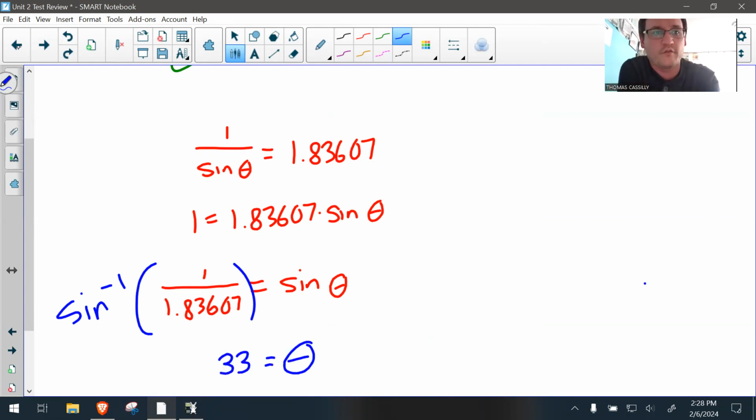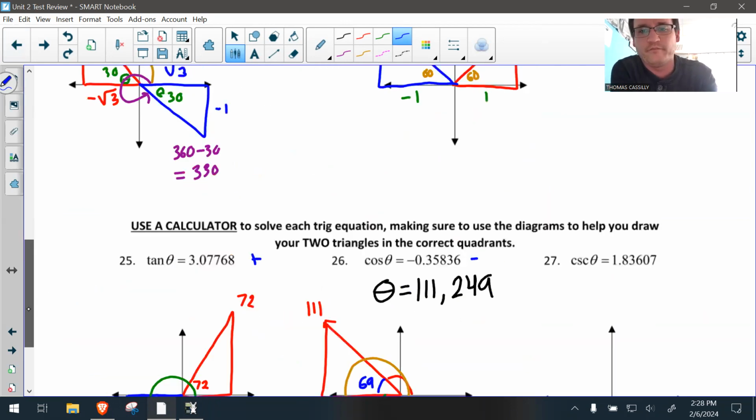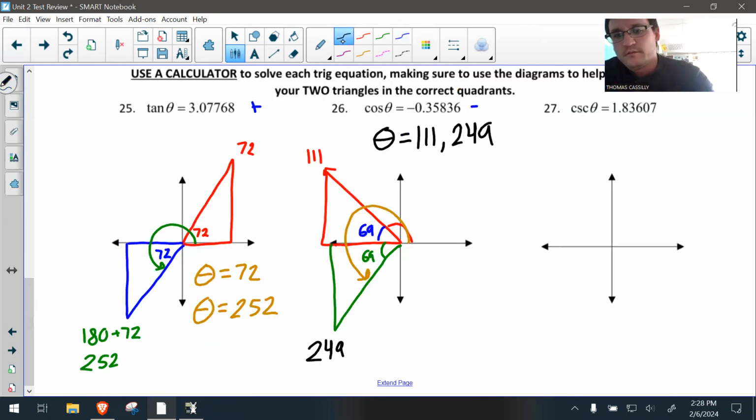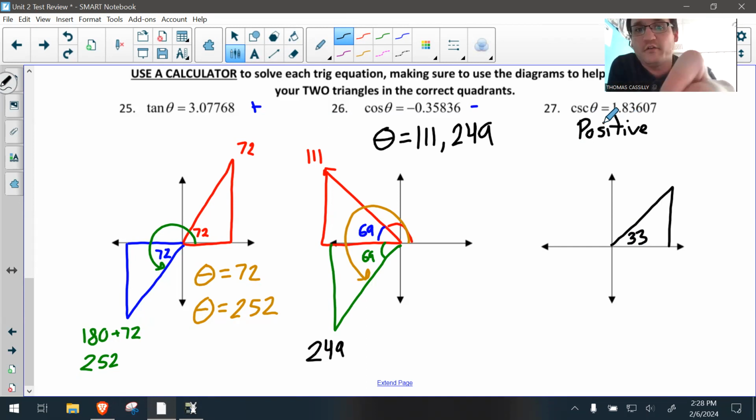That's one of our answers. So I'm just going to go ahead and write that one in. All right. We have a 33 degree angle right here. And remember, this is positive. All right. Cosecant goes with sine. Where else is sine positive? Sine is positive in the second quadrant.